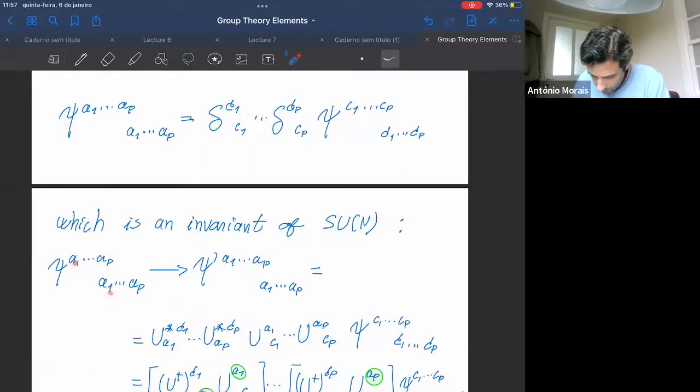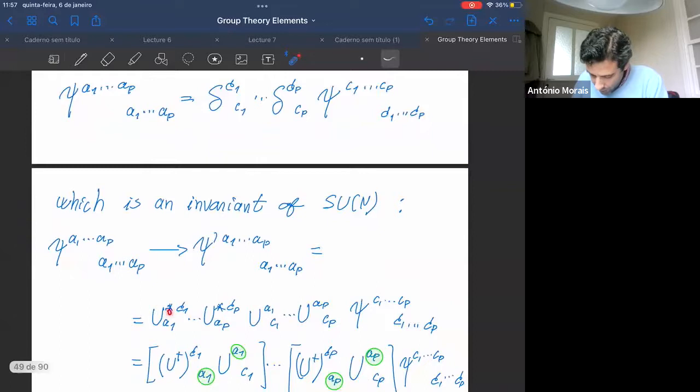So A1 to AP goes to some prime A1 to AP. Now for the anti-fundamental indices we put the conjugate matrices, so P matrices here, and other P matrices there for the fundamental indices, with the fundamental transformation here.